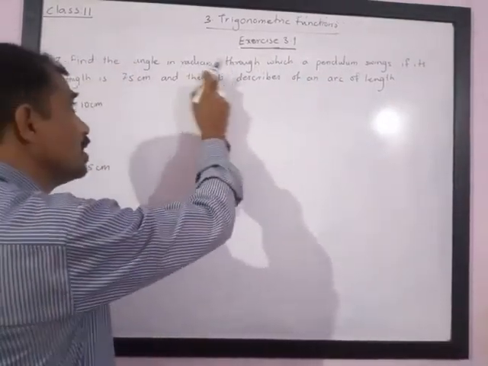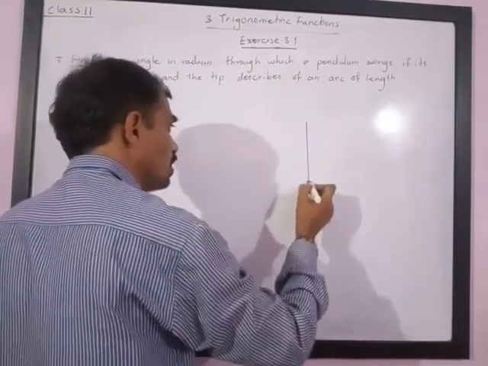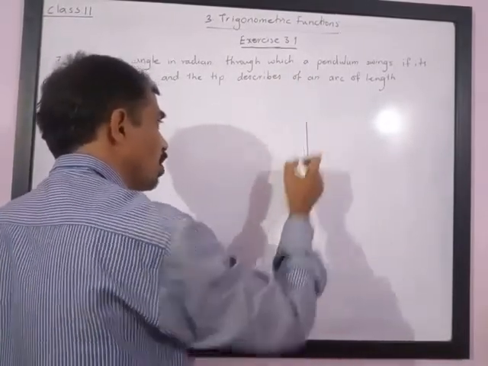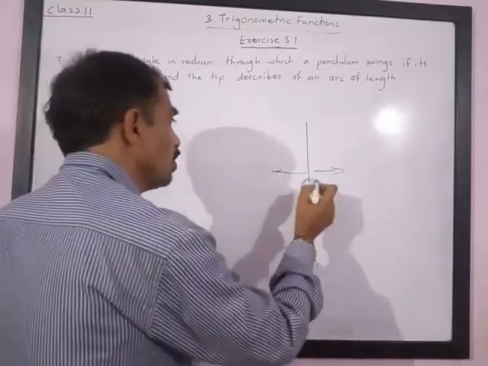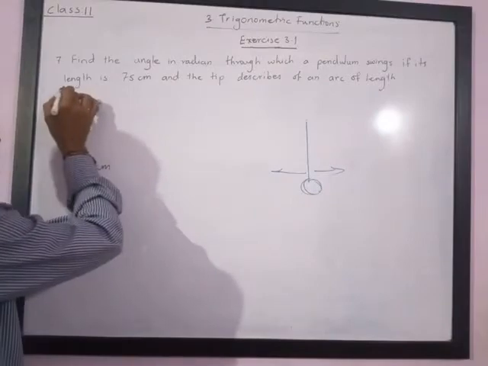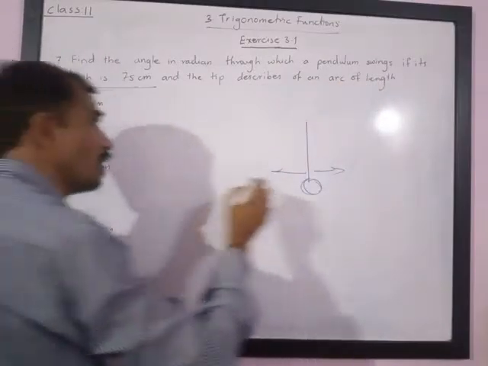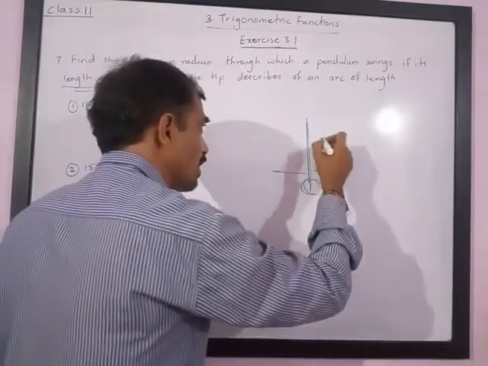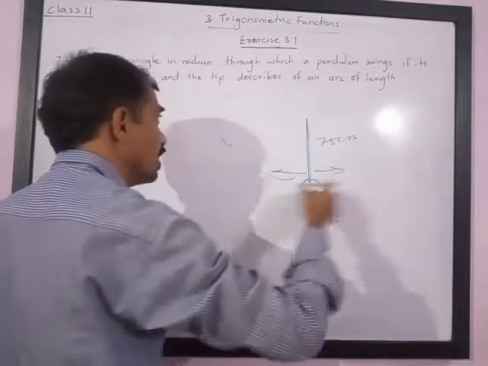Find the angle in radian through which the pendulum of the clock swings. This is the pendulum of the clock which swings in this direction and this direction. The length of this pendulum is 75 centimeters. Now if it swings, it will describe a circle.